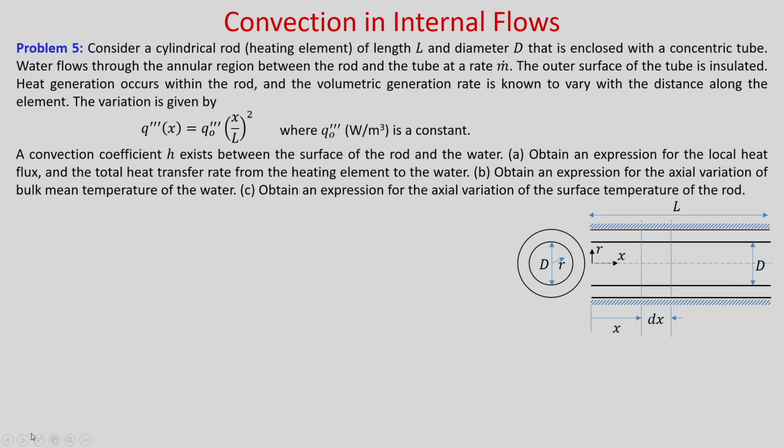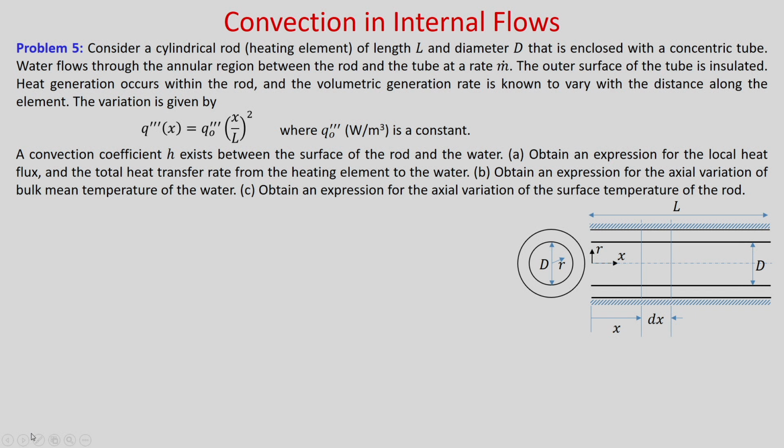So, now we will consider this problem. Consider a cylindrical rod heating element of length L and diameter D that is enclosed with a concentric tube. Water flows through the annular region between the rod and the tube at a rate m dot. The outer surface of the tube is insulated.